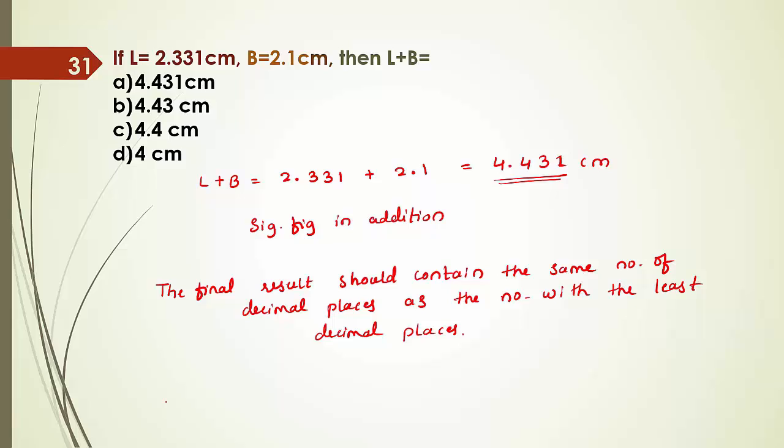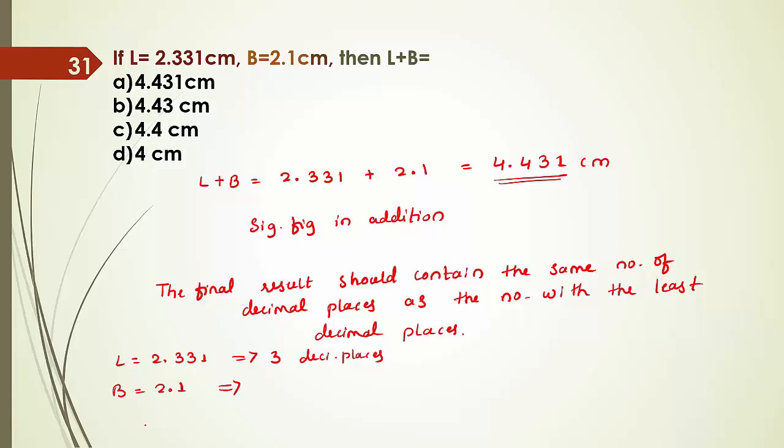The given numbers, you can observe. The given number L equals 2.331 centimeter. How many digits are there after the decimal point? 1, 2, 3. 3 decimal places. Second number B equals 2.1 centimeter.